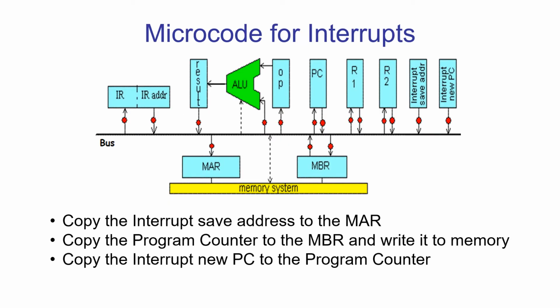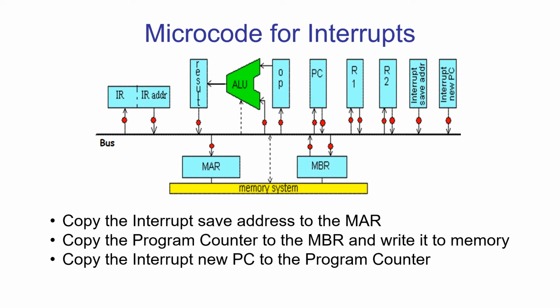Here's microcode showing how one might implement an interrupt. We've added 2 new registers on the far right side. These are read-only registers that contain data about the interrupt system. So if the microcode detects that an interrupt is happening, then it would first copy the interrupt save address to the memory address register.